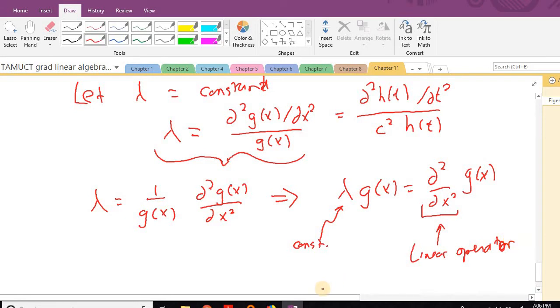Okay. So I have this same form: linear operator times the function is a constant times the function. It's the same thing we saw with population. It's the same thing we saw with rotation. Same type of equation.